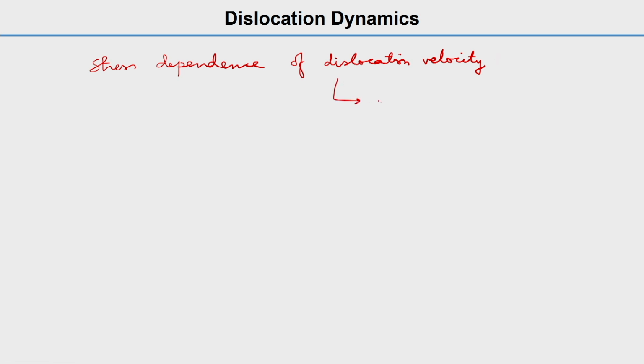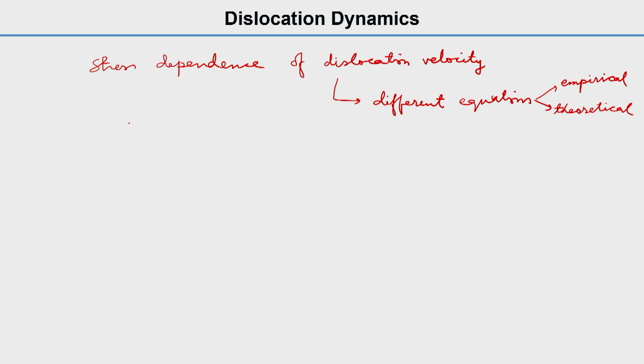So there are different equations, both empirical and some of theoretical basis.